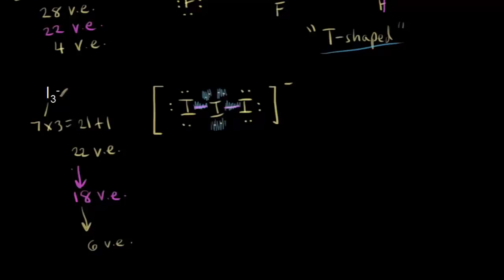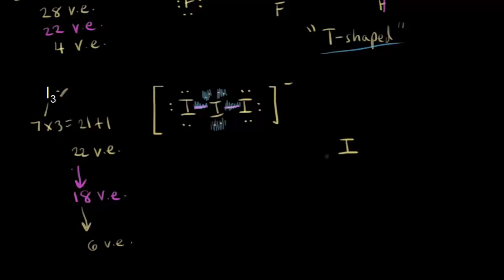So for 5 electron clouds, that's going to be a trigonal bipyramidal arrangement of our electron clouds around our central atom. So we put in our central atom here. We think about our electron clouds being in a trigonal bipyramidal arrangement, and we have seen that we put lone pairs of electrons into the equatorial positions to minimize electron pair repulsion.